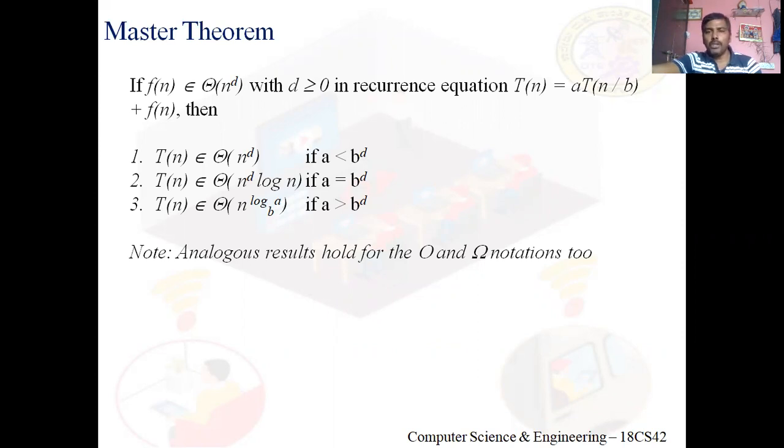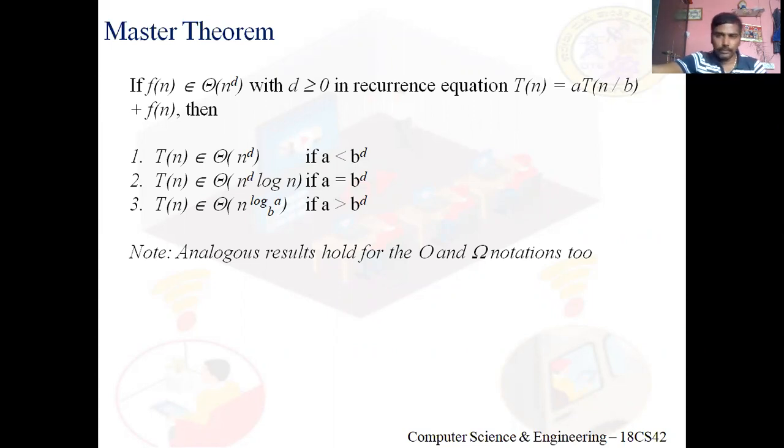You are given only the recurrence equation, not the initial condition. If you were given both the recurrence equation and the initial condition, you would have solved that, got the basic operation count, and then identified the efficiency class.